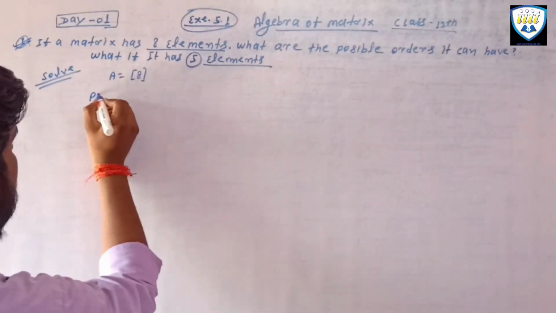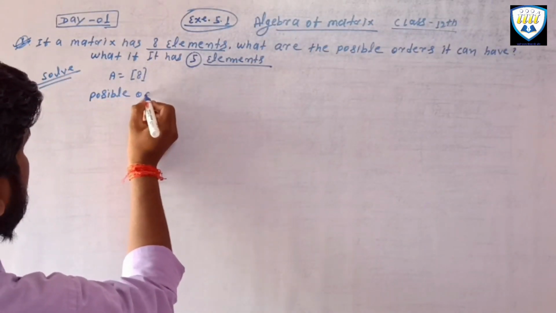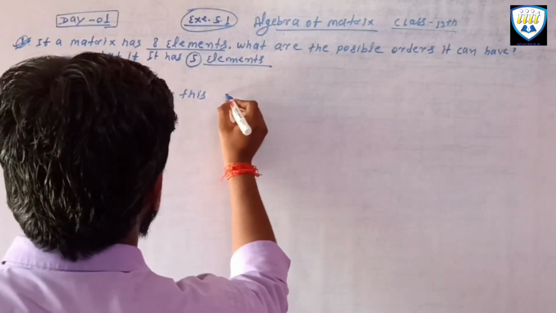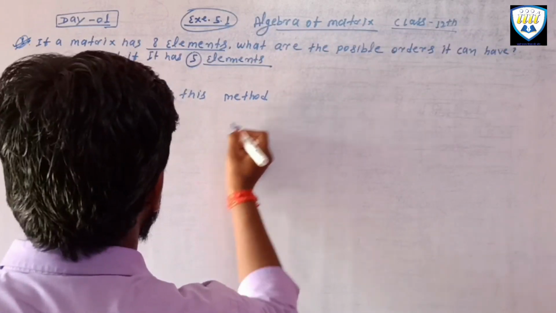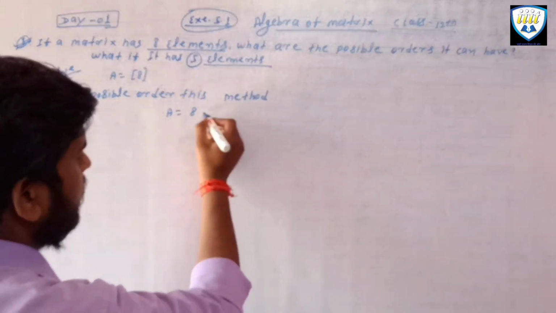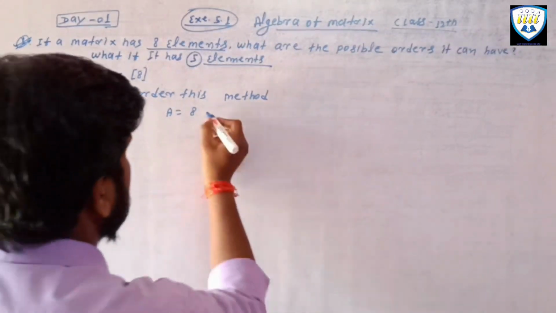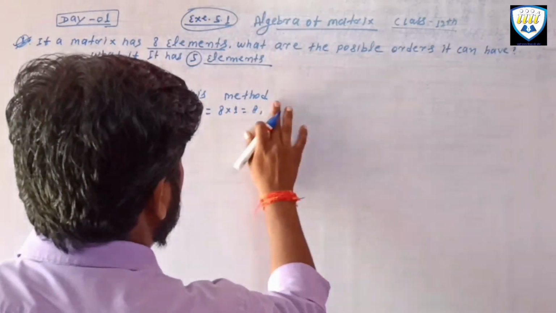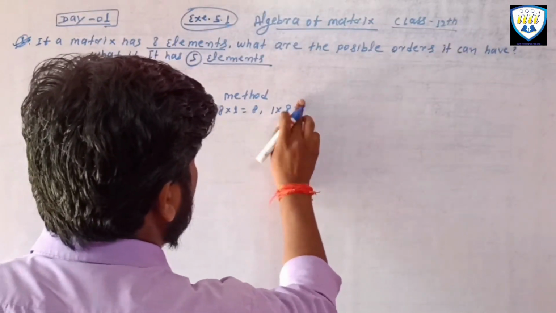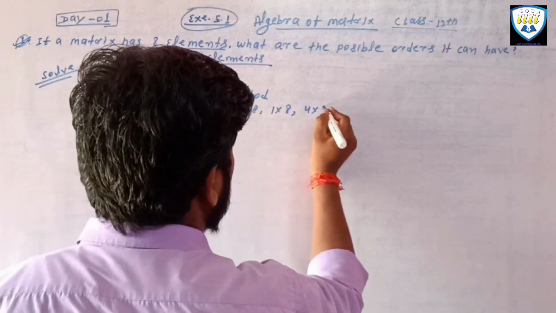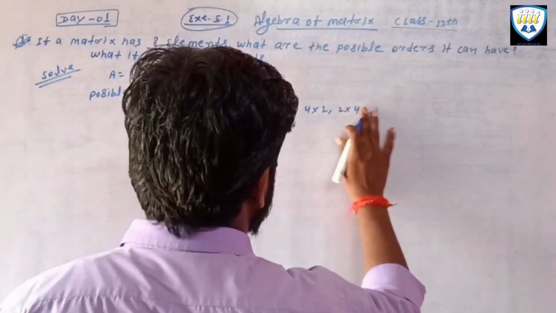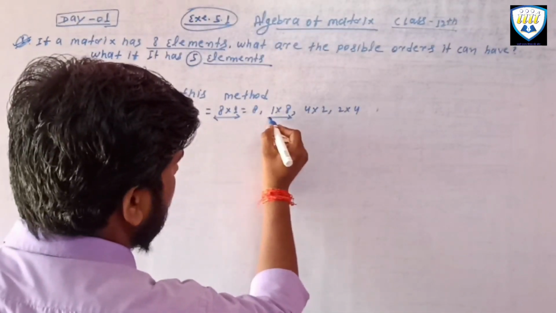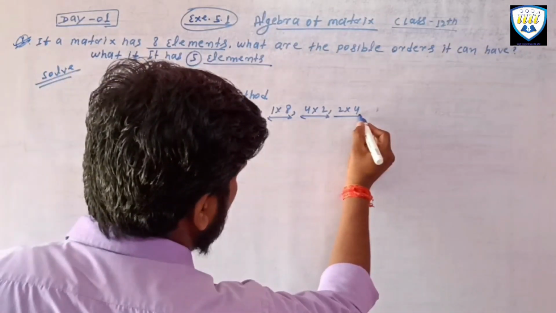We divide 8: 8 equals 8 into 1, 1 into 8, 4 into 2, 2 into 4. So the possible orders are 8 by 1, 1 by 8, 4 by 2, and 2 by 4.